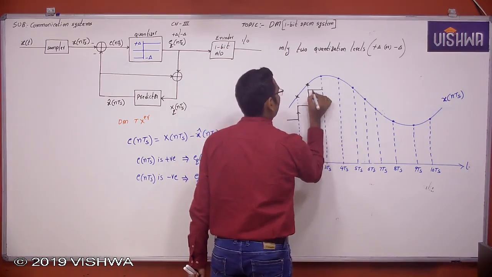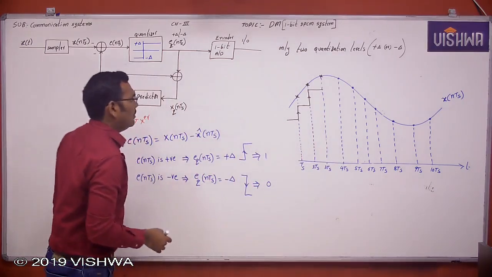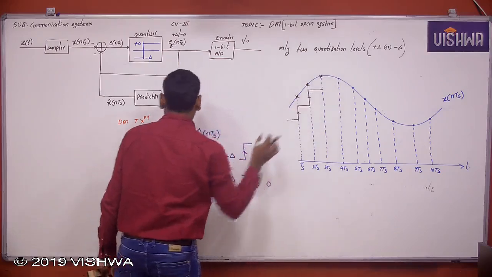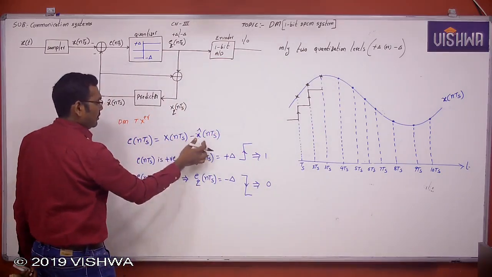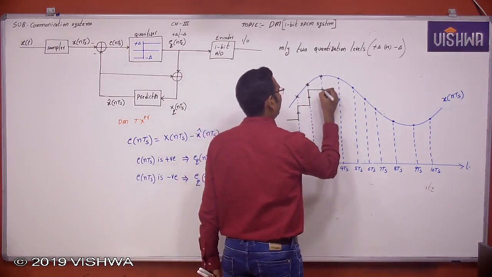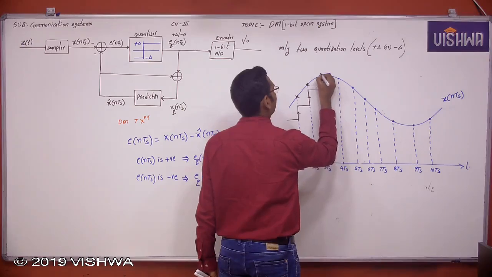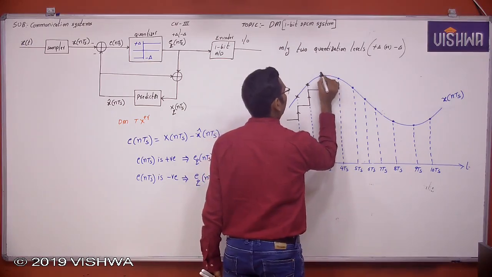Again at 3Ts seconds, now x of t is greater than this, so this is positive and it is incremented by delta.